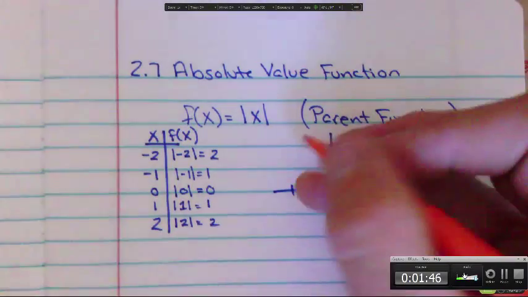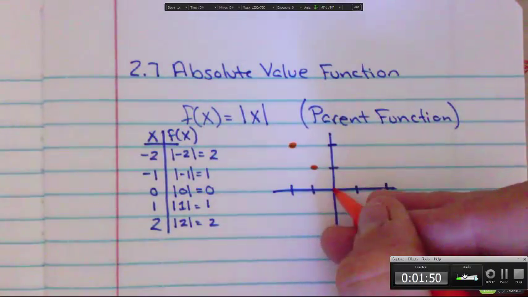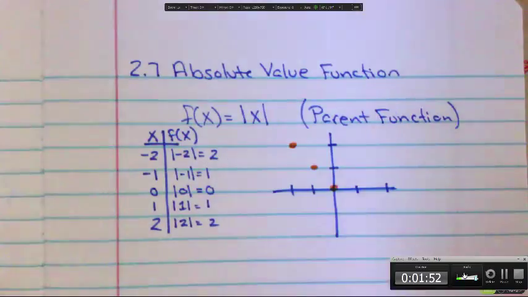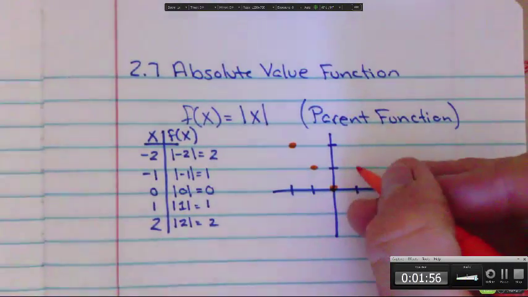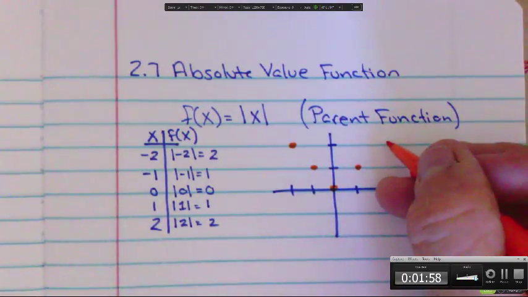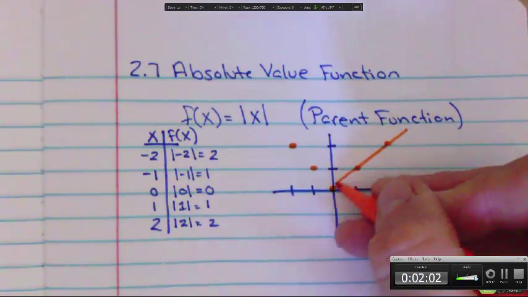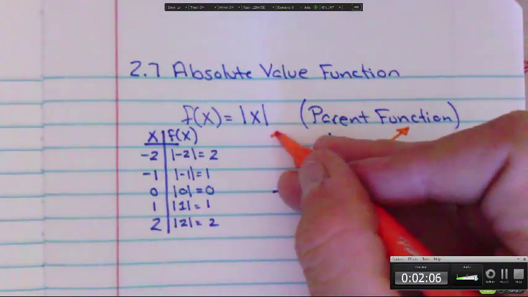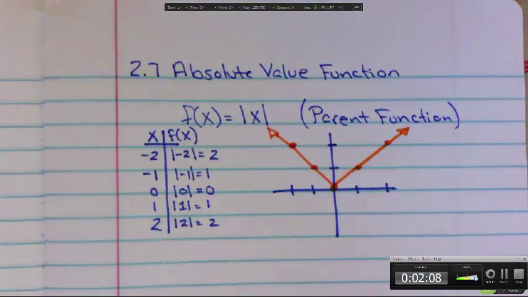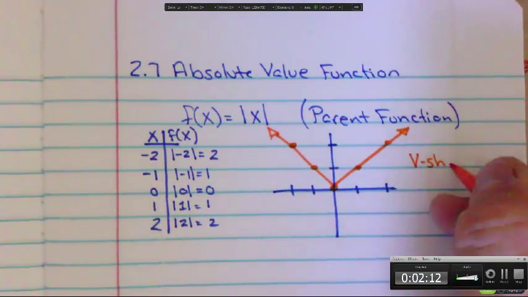So we've got the ordered pairs -2, 2; -1, 1; 0, 0, the origin; 1, 1; and 2, 2. And if we connect these, the parent function is actually a V-shaped function. So this is a V-shaped function.